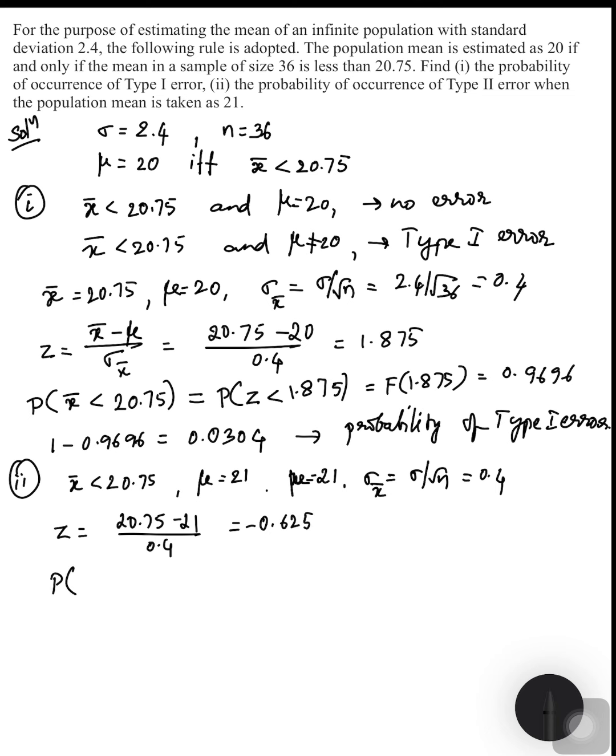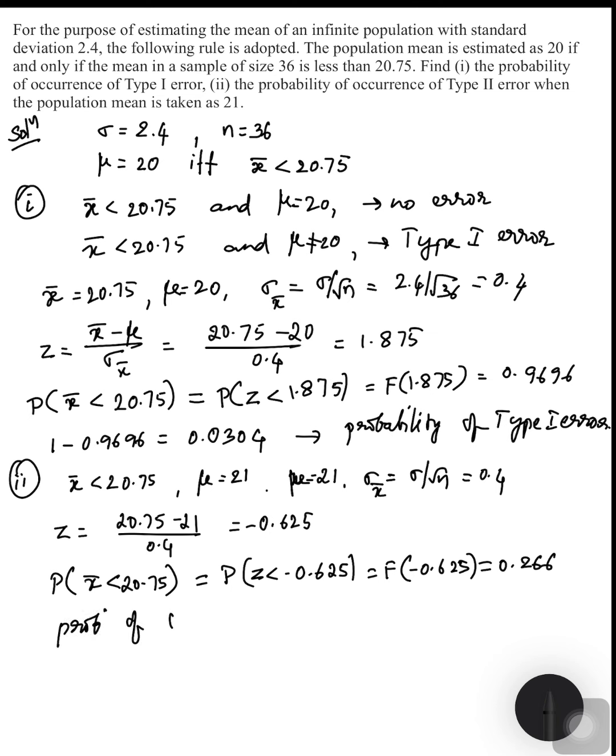The probability of x bar less than 20.75 when mu is equal to 21 is equivalent to the probability of z less than minus 0.625, which is F of minus 0.625, found to be 0.266. So the probability of occurrence of type 2 error is 0.266.